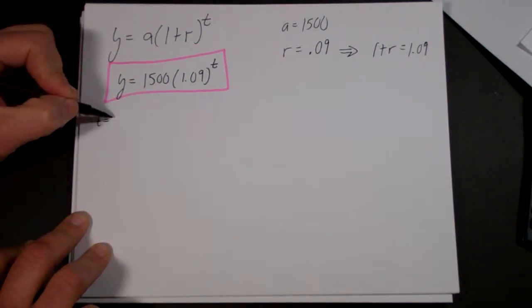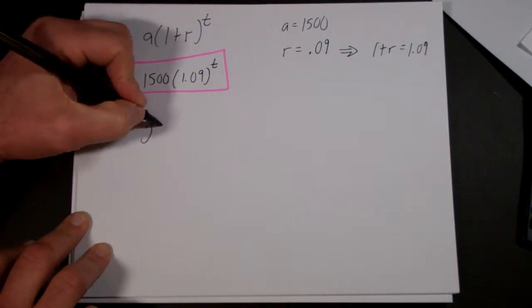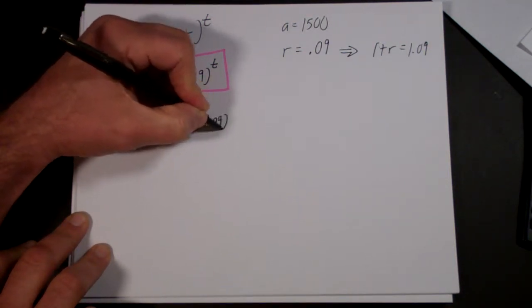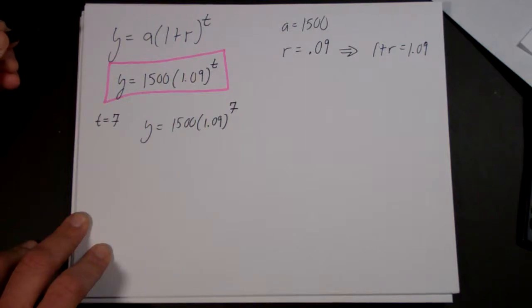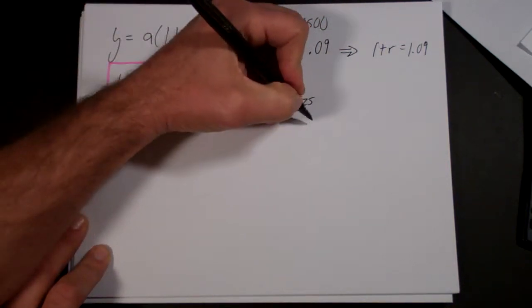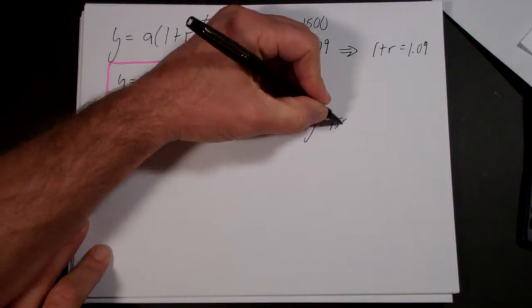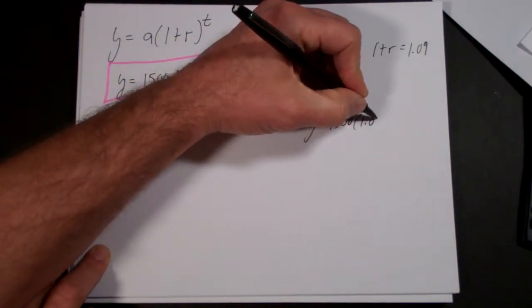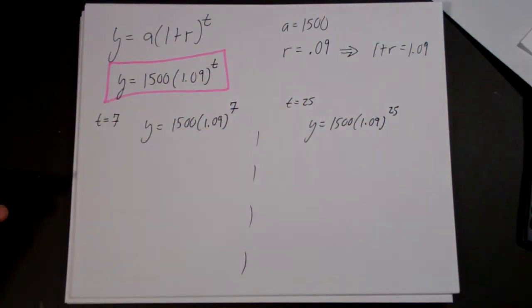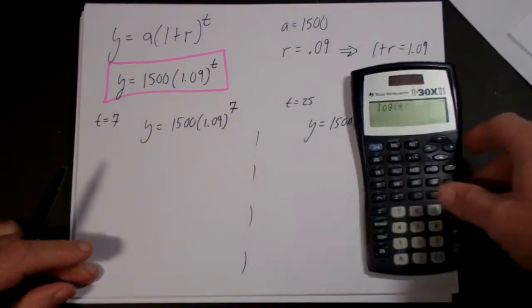So if t is equal to 7, then you plug in y is equal to 1500 times 1.09 to the 7. If it's 25 years, then you have y is equal to 1500 times 1.09 to the 25. You just plug those into your calculator.